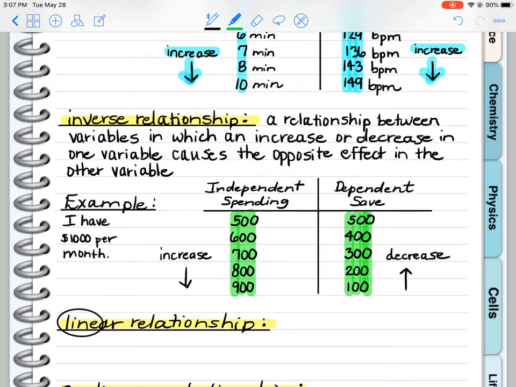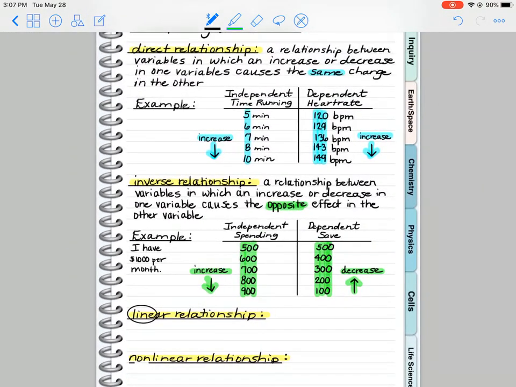Those are opposite directions. One is increasing, one is decreasing. Those are opposites. That is an inverse relationship. So you can see the difference between direct, where they're both doing the same thing, and inverse, where they're doing the opposite thing.